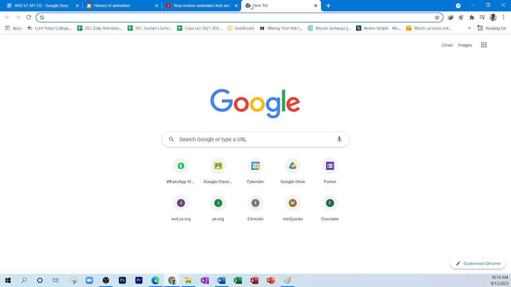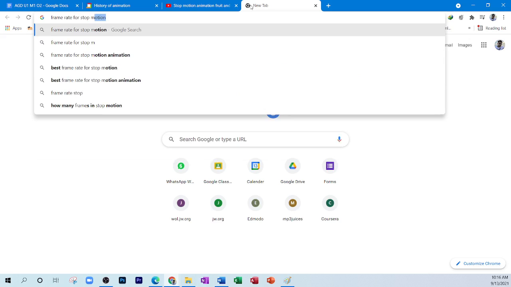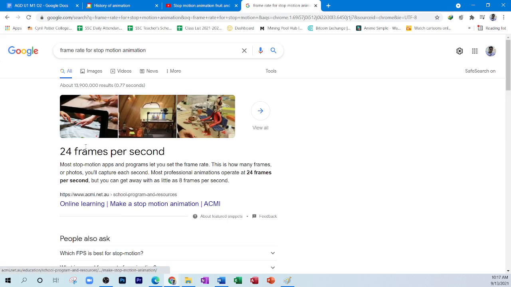Let me look at the frame rate for stop motion animation. 24 frames per second. It's supposed to be lower, but you can get away with as little as 8 frames per second.